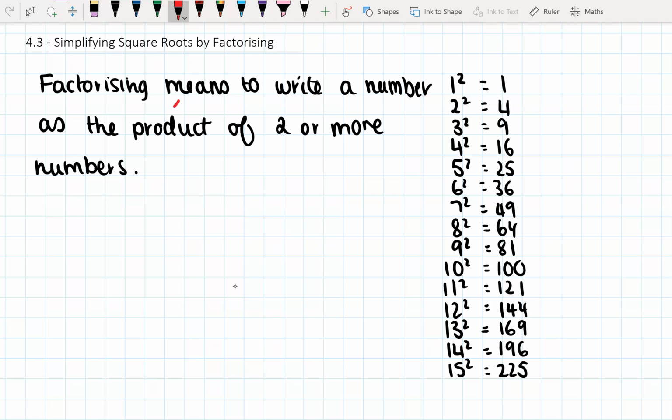Now, the word product means something times something. Okay, so as an example, and we used this example before, if we had 12 and we wanted to write it as a product of its factors, we could have 6 times 2, we could have 3 times 4, and we could have 1 times 12.